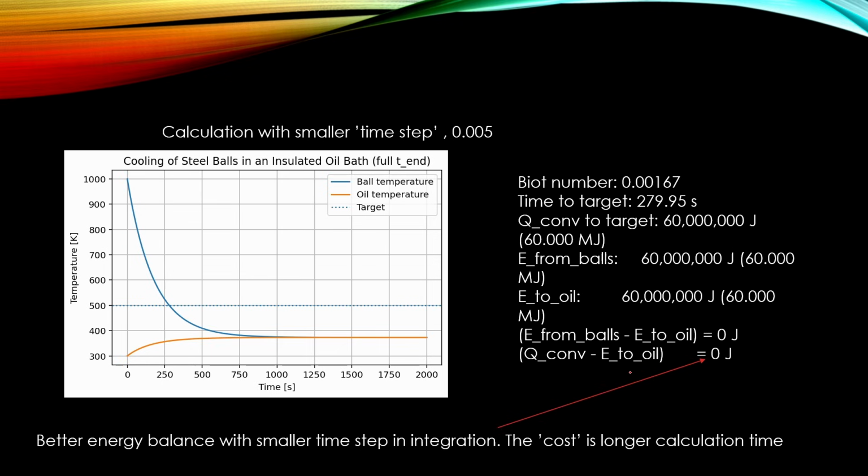So when calculating with a small time step we will get rid of this error, but the cost is longer calculation time. In my laptop it was around 20 seconds, so not so bad.